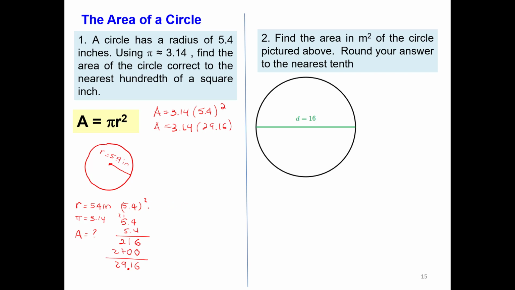Now let's multiply 29.16 times 3.14, starting by multiplying by 4. 4 times 6 is 24. Carry the 2. 4 times 1 is 4 plus 2 is 6. 4 times 9 is 36.